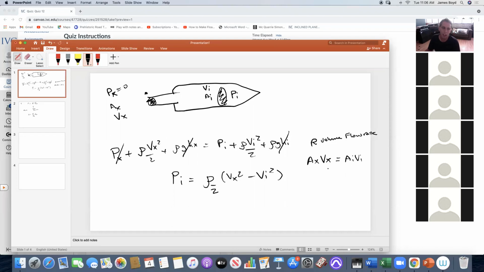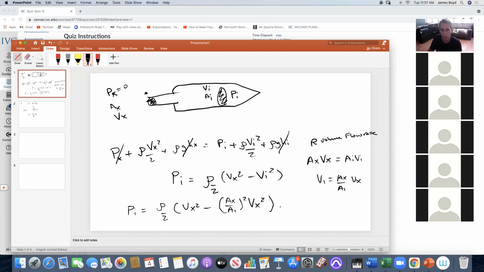That's because of incompressibility of fluids. So we want to turn this V_I into a V_X. So V_I, if we divide through by A_I, is A_X over A_I times V_X. So I have that P_I is equal to rho over 2 V_x squared minus A_X over A_I squared V_x squared.